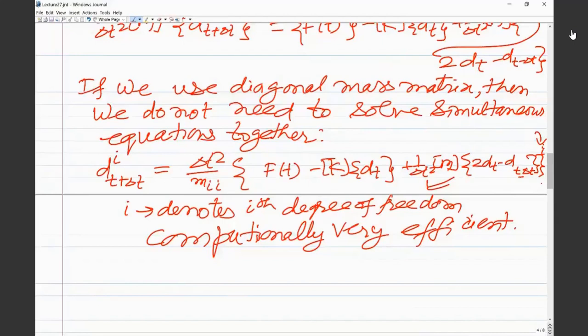No, but then we also want to satisfy the equation of motion. So if you solve from there, you get d and you can continue doing that, but then you don't bring in the equation of motion. We want to bring in the equation of motion for the solution of d at t plus delta t. Okay, so the equation of motion has to be satisfied.